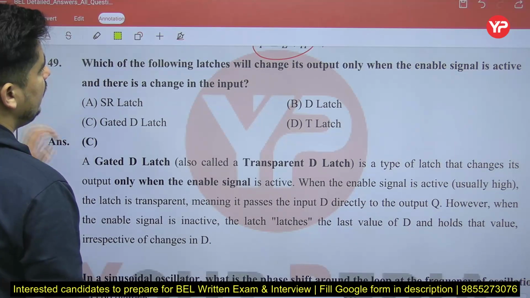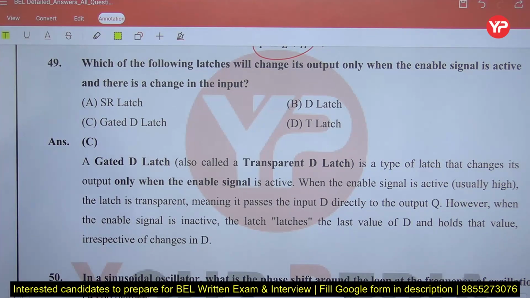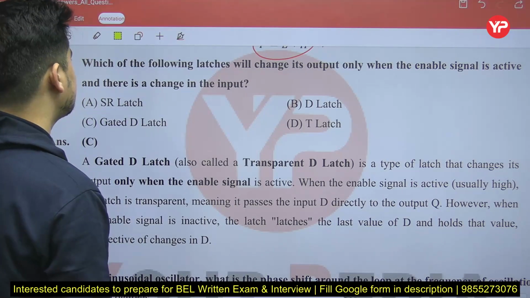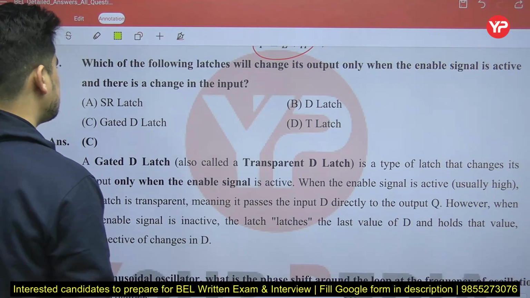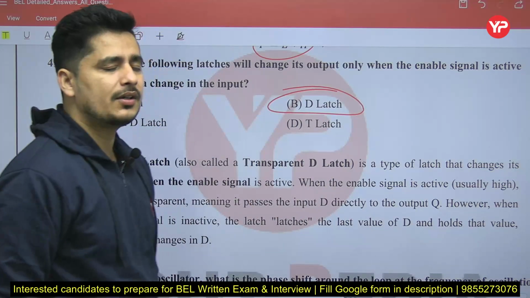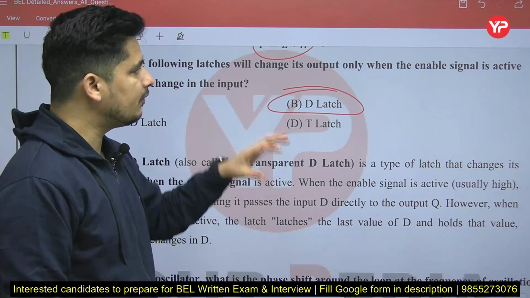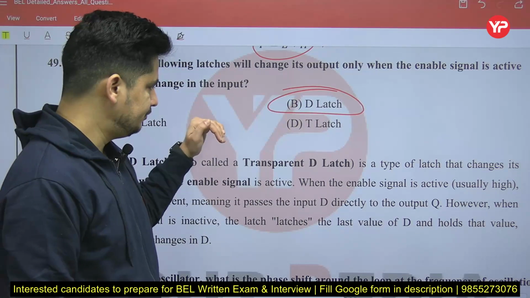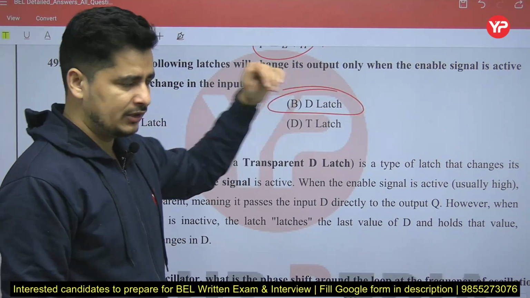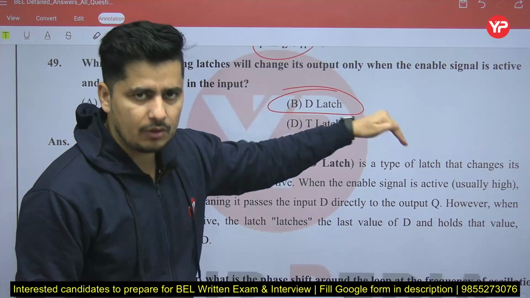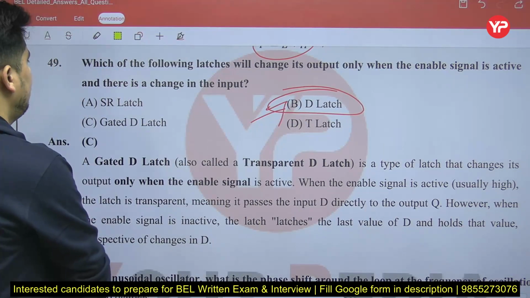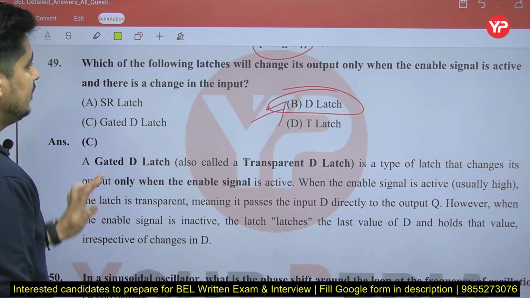Which of the following latches will change its output only when the enable signal is active and there is a change in the input? See, basically the D latch is one of the latches where, when enable is 1, then when your input is 1, output will be 1, input will be 0, output will be 0. So the D latch will change the same way.